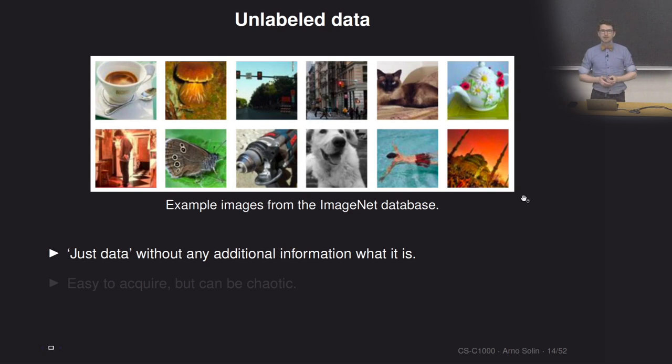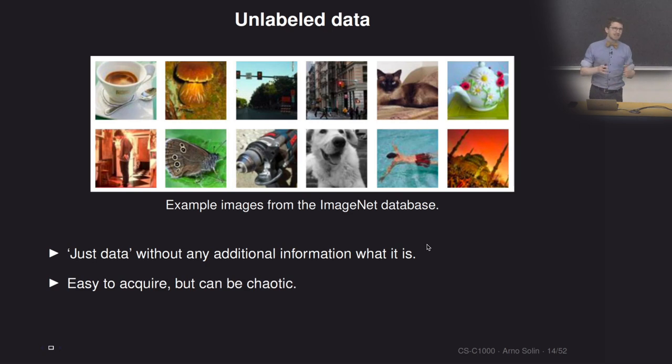And of course, if we were to actually label, provide information about what's in each of these images, that would probably require a lot of human work to do the labeling. And labeling can be super costly. So typically these huge data sets come without labels because it wouldn't be feasible for someone to actually do the labeling.